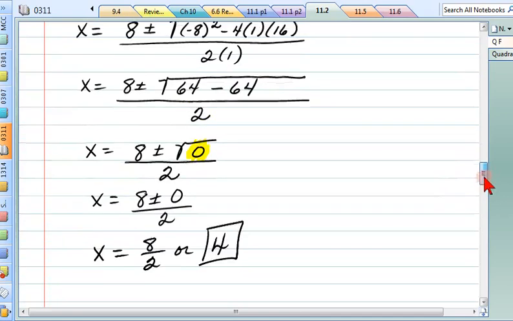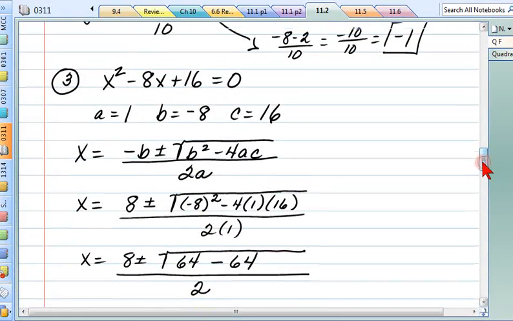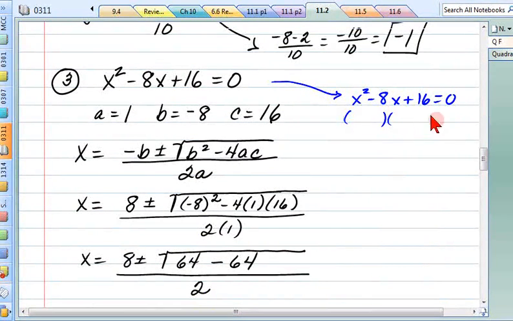What would this have, by the way, you notice it's rational? And what that means is this problem was factorable at the beginning. I'm going to take just a second to talk about this. If you had x squared minus 8x plus 16 equals 0, and say you were allowed to factor it, do you agree that it's going to be an x minus and an x minus?